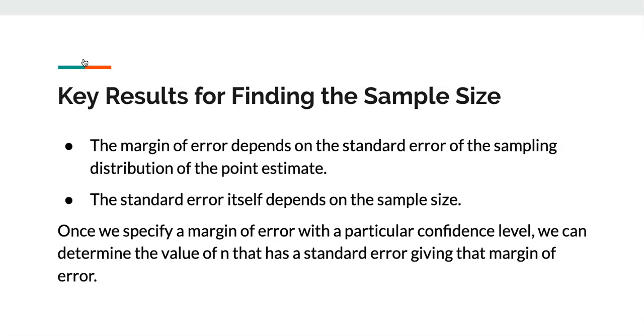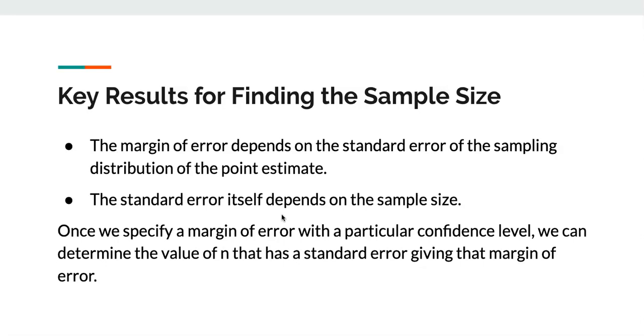And that standard error, I'm reading the second part now, itself depends on the sample size. Somewhere in that standard error formula, both for the population mean and for the population proportion, you use that sample size, little n. Okay? So margin of error depends on standard error, and that standard error depends on sample size.